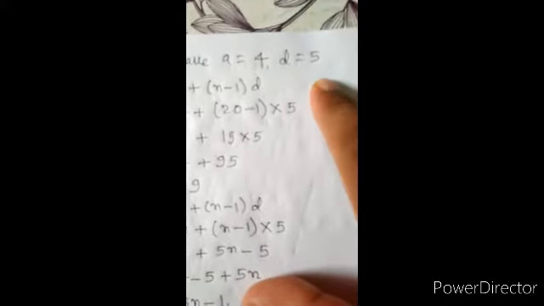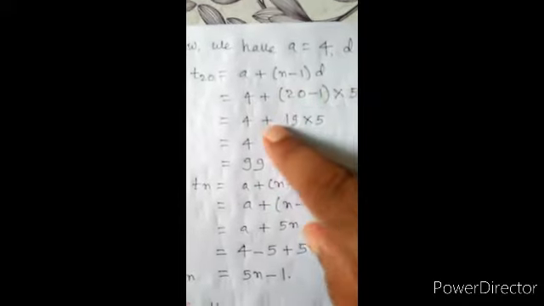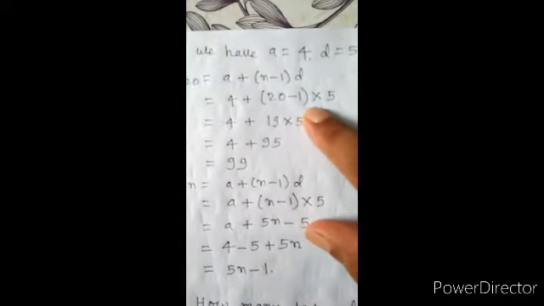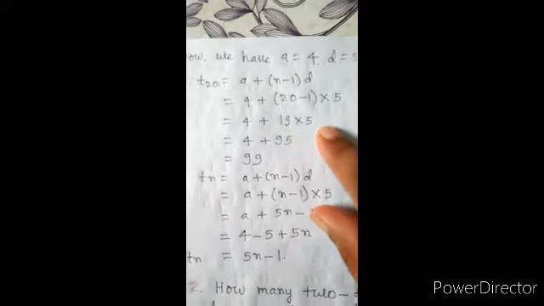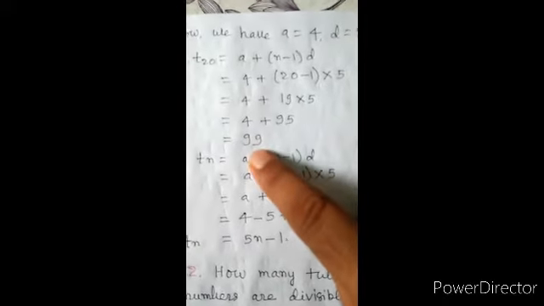Hence T2 minus T1 is 9 minus 4 that is 5, T3 minus T2 is 14 minus 9 that is 5. This is D, common difference. Now we have A is equal to 4 and D is equal to 5. Then T20 is equal to A plus n minus 1 D, that is 4 plus 20 minus 1 D, that is 4 plus 19 into 5, that is 4 plus 95 is equal to 99. In this way, the 20th term is 99.